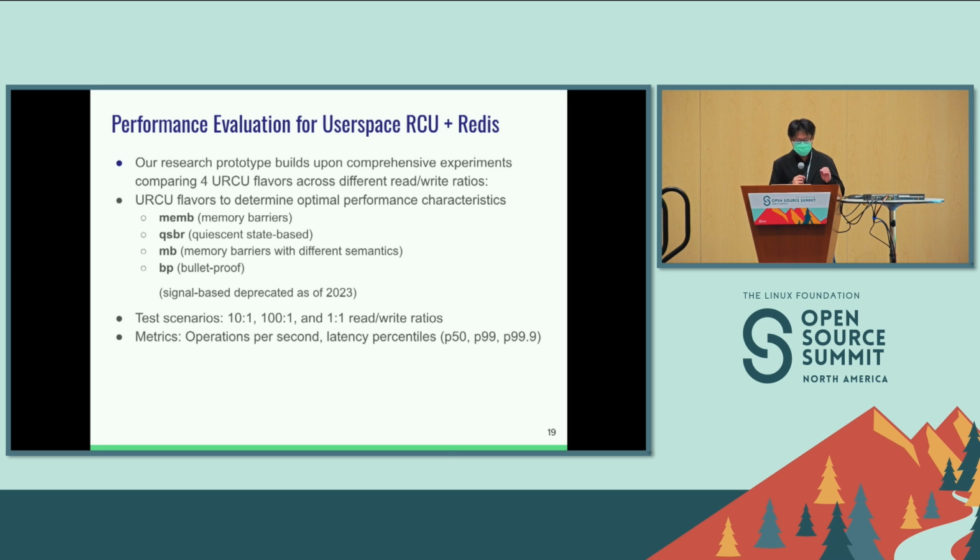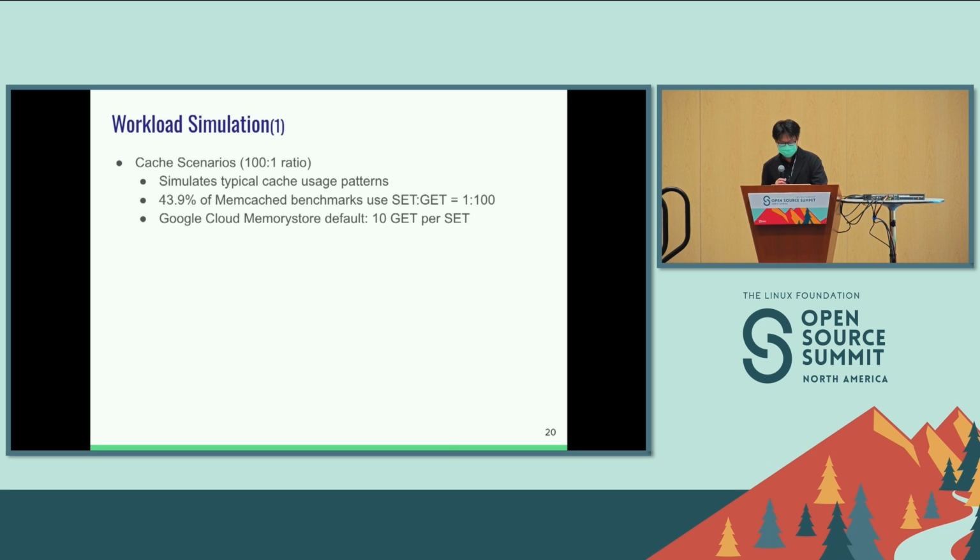So we are going to evaluate the existing RCU flavors along with different scenarios, like 10 to 1, 1,000 to 1, and 1 to 1 read-write ratio. And we measure the throughput and the latency, including tail latency.